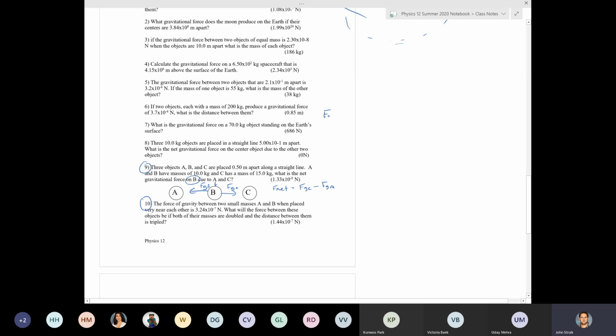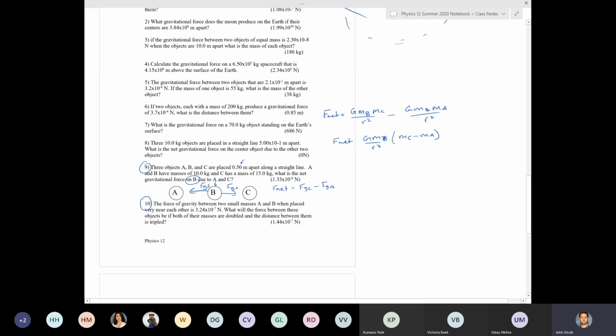So F net is going to be FGC, so that's going to be G MB MC over, and I'll just call this R squared, and remember the R is 0.5 for both, and then minus G MB MA over R squared. The reason I'm writing it out like this is because I know that I can factor things out. G MB over R squared is the same for both, and then all I have is MC minus MA.